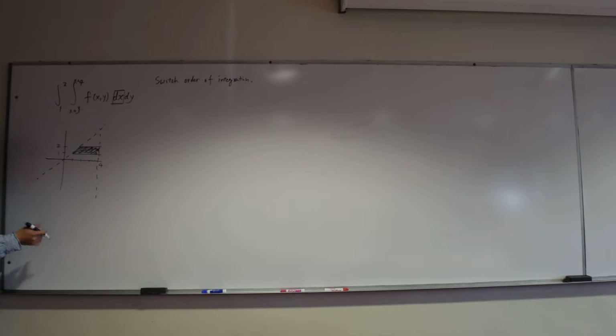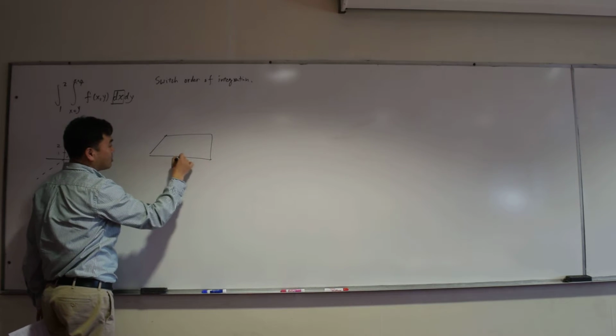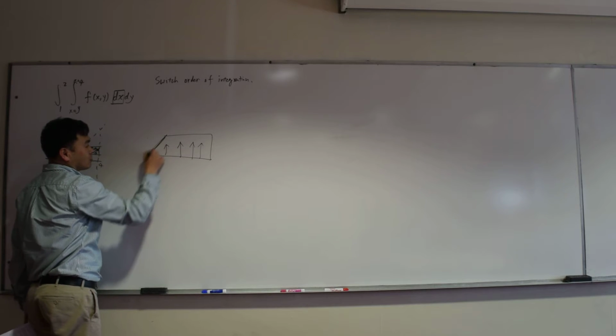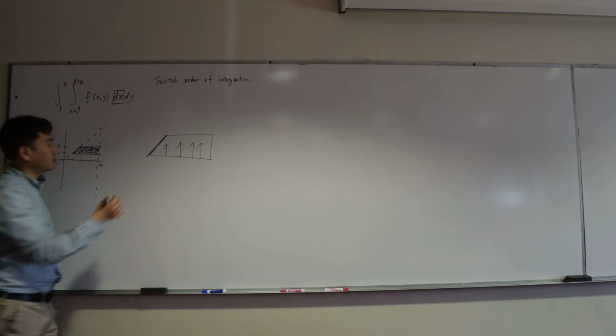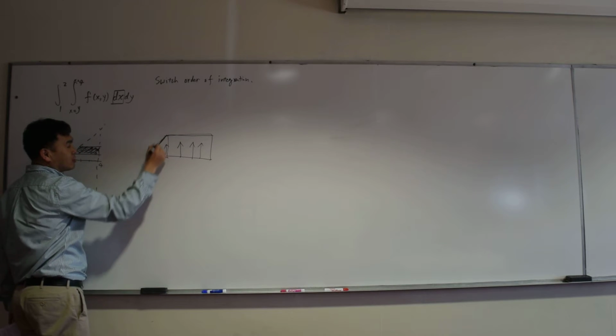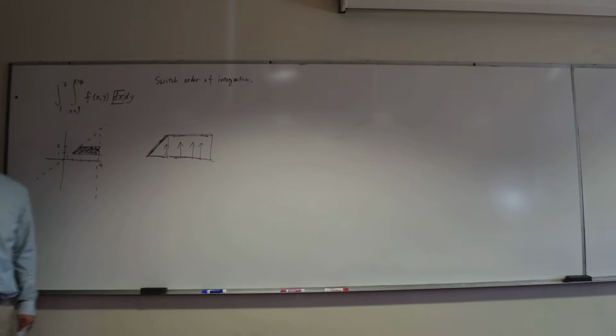And you do see that we need two integrals for this, right? Because if I make it bigger, this is a shape, and when you try to go upwards, there's two different parts on the top, right? So if you're on this side, you start from here and you end there. If you're on this side, you start from here and you end there. So it requires two integrals. Got that? Is that good so far?